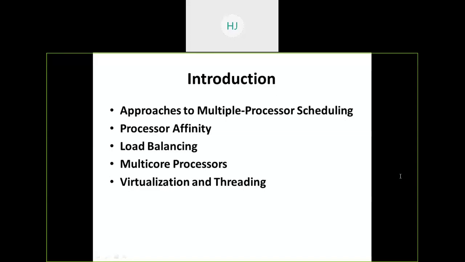There are two ways to multi-thread a processor: coarse-grain multi-threading and fine-grain multi-threading. In coarse-grain multi-threading, a thread executes on a processor until a long-latency event, such as a memory stall, occurs.